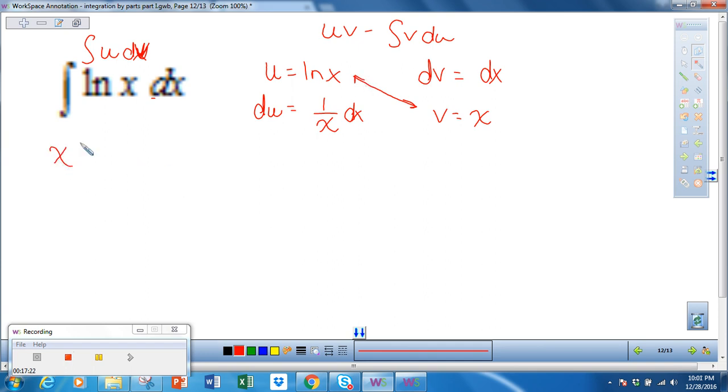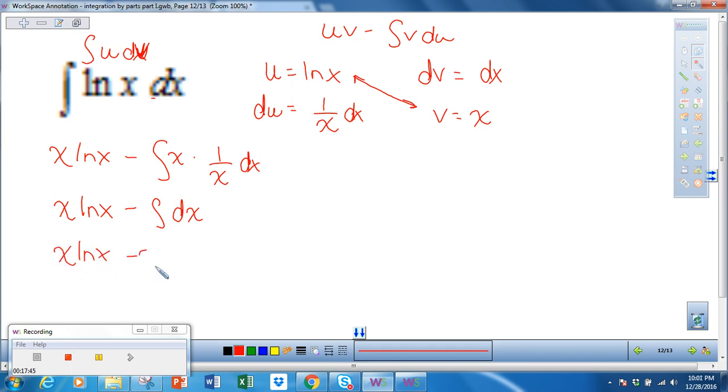So I'm going to write that as x natural log of x, minus the integral of v du. Well, that works out well because that becomes x natural log of x minus dx because the x's here cancel. And then the integral of dx is simply x.